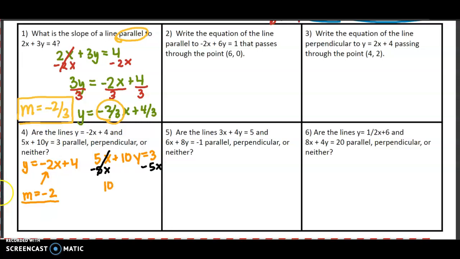So now we have 10y equals negative 5x plus 3. And then divide by 10. So y equals negative 5 over 10 is really negative 1/2 x plus 3/10. So the slope here is negative 1/2.